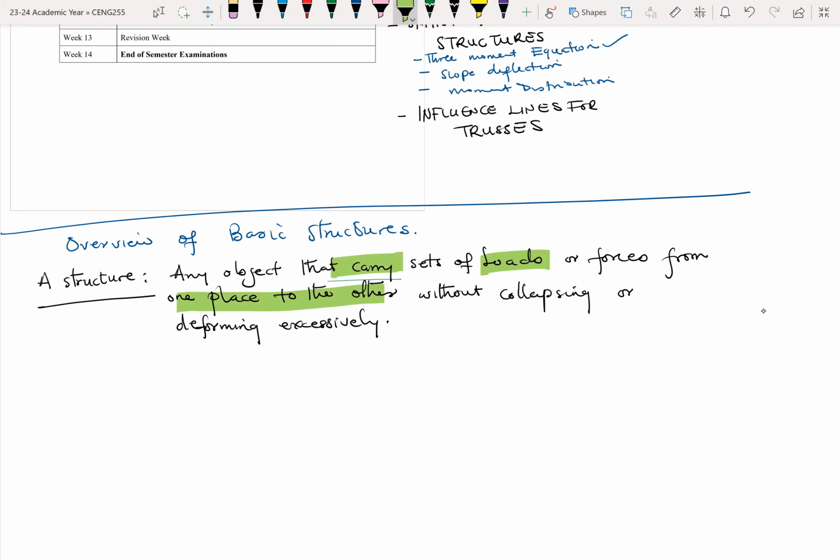And it should do all of these without collapsing or deforming excessively, right? And the highlighted green then becomes the characteristics of a structure.